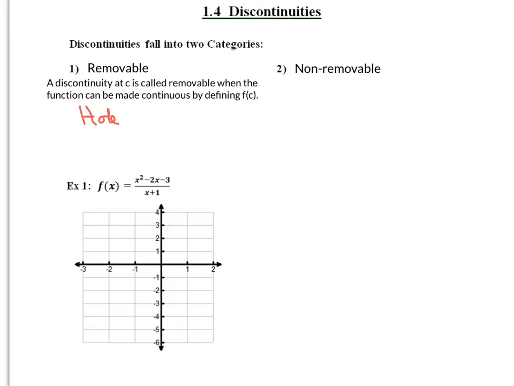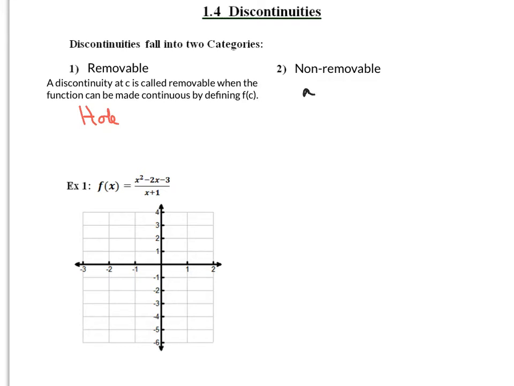The second kind of discontinuity is called a non-removable discontinuity. A non-removable discontinuity is therefore going to be the opposite, a discontinuity that cannot be made continuous by just defining one point. So we're going to see that our non-removable discontinuities fall into two different categories.